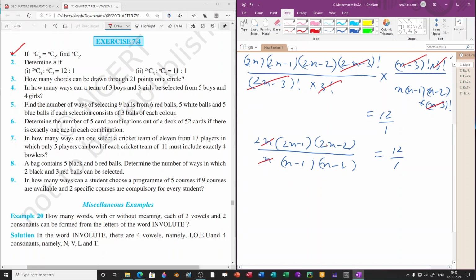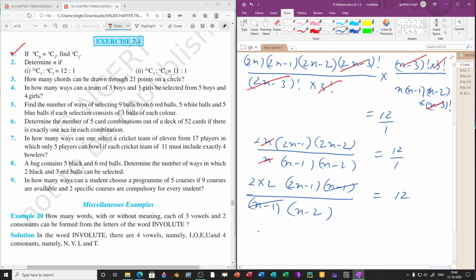Then from 2n minus 2 we can take out 2 common. So the next step will be getting 2 into 2, 2n minus 1 into n minus 1 over n minus 1 into n minus 2 equal to 12. So n minus 1 and n minus 1 cancel out.